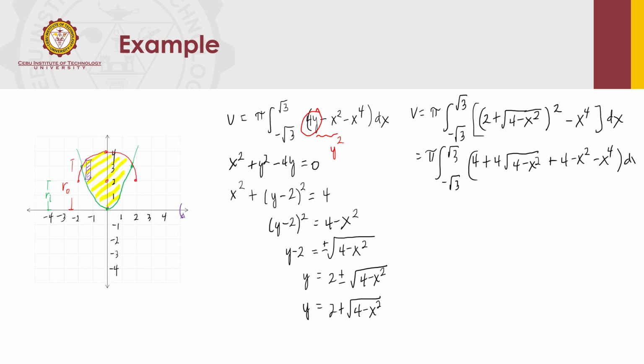Let's arrange the terms. So negative x to the power of 4 minus x squared, and then plus 4 square root of 4 minus x squared, and then plus 8.